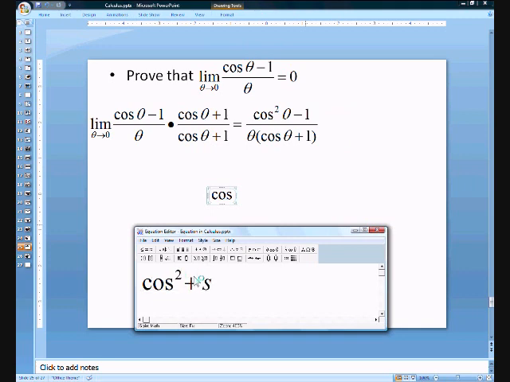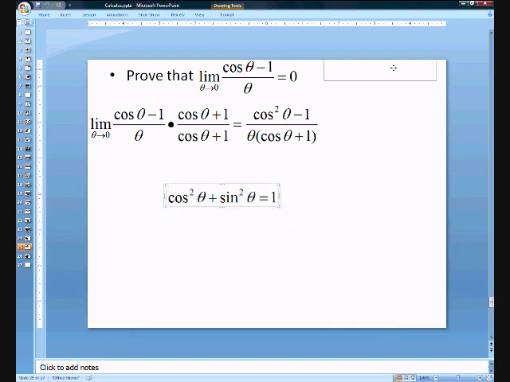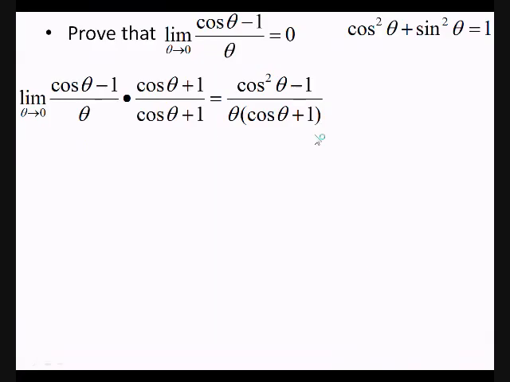Cosine squared theta plus sine squared theta. You should recognize this, right? Equals 1. Correct? So what happens if we, for example, take this 1 and move it to the other side?